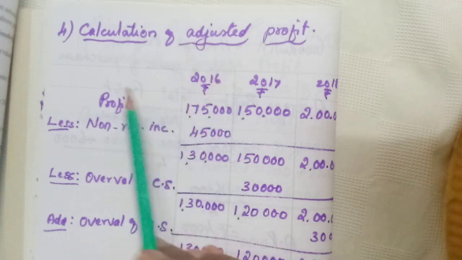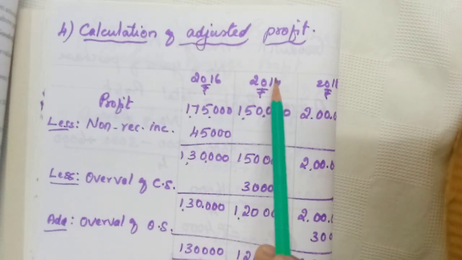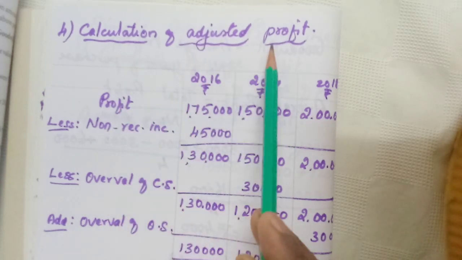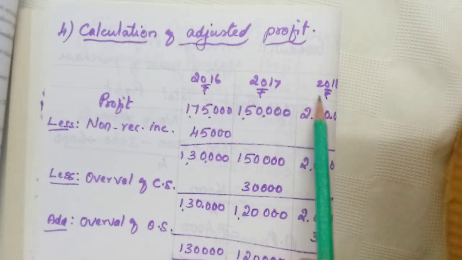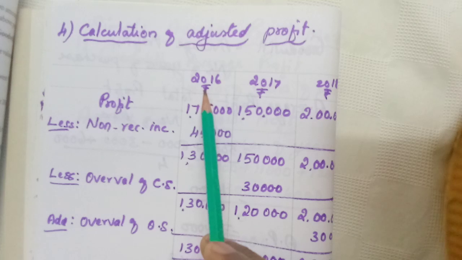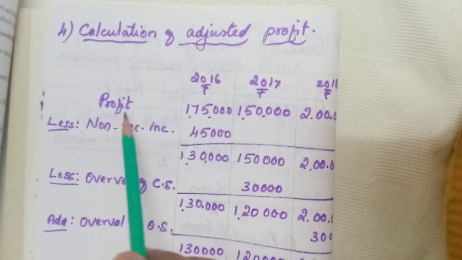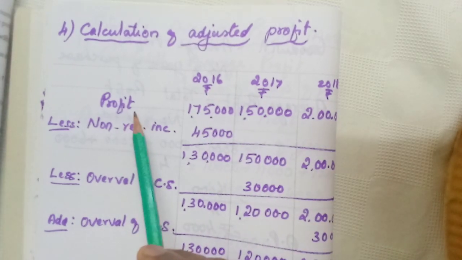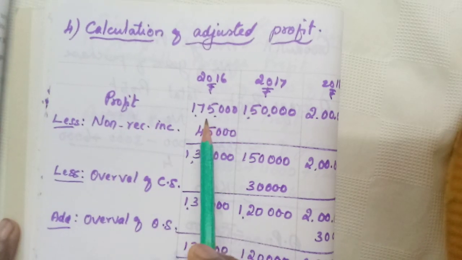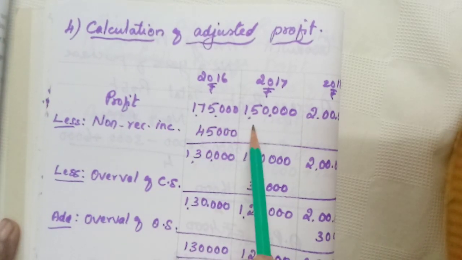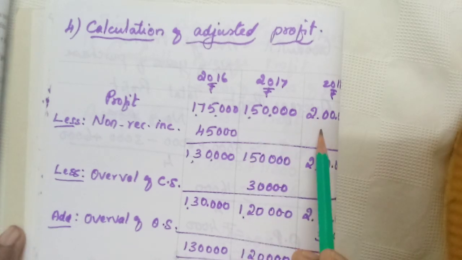Because we need to prepare one table, calculation of adjusted profit. Here 3 years are given, so draw 3 columns: 2016, 17, 18. First you write the profits given in the first line. How much? 1,75,000, 1,50,000, 2 lakh.